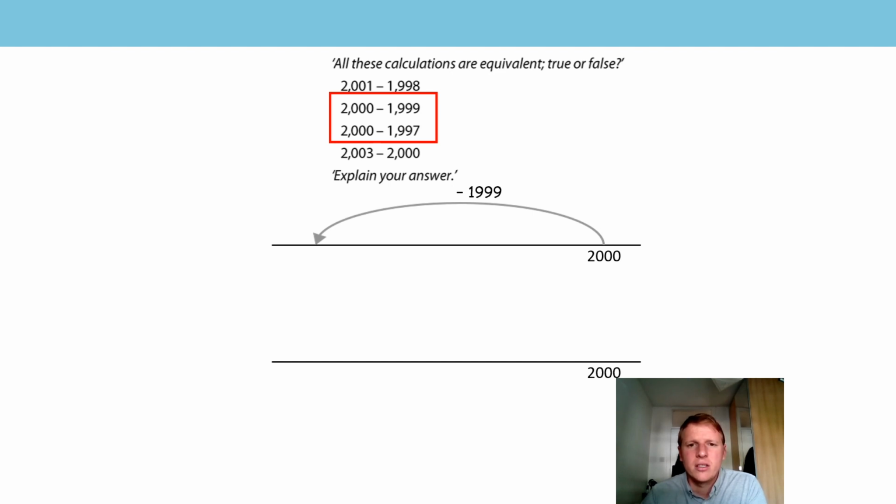The second calculation that I've highlighted, the subtrahend is 1997. So our two question marks are going to be at slightly different points. So if the minuend is the same and the two subtrahends are different, then the calculations cannot be equivalent.